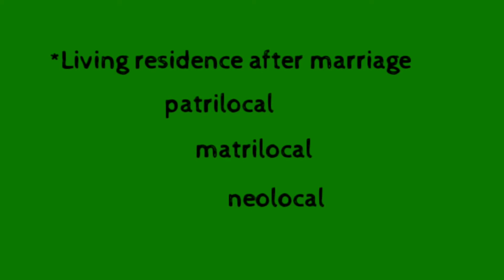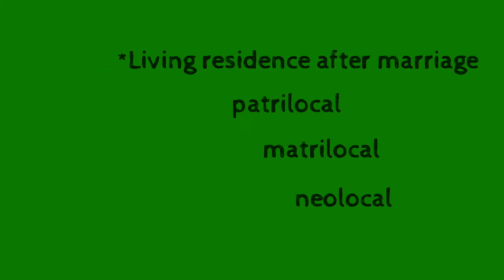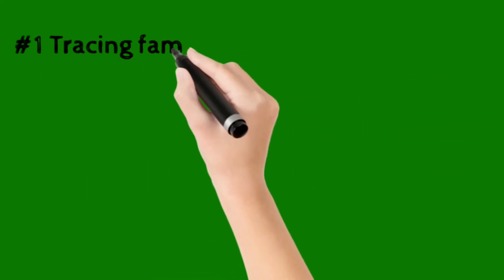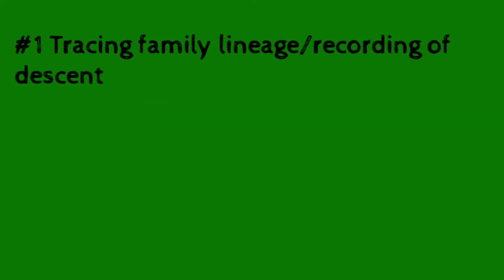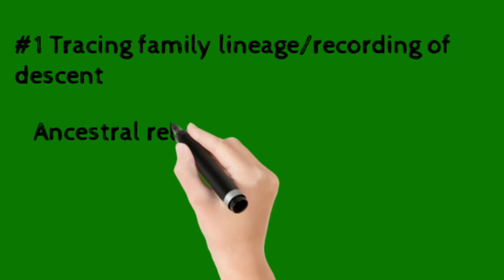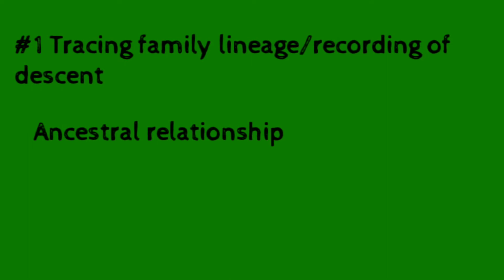Good. Now for today's class, we want to look at the remaining 2 categories. The first category for today is recording of descent of married couple. For those who are unsure what this means, we are looking at how we trace our ancestors, how we trace our family lineage.